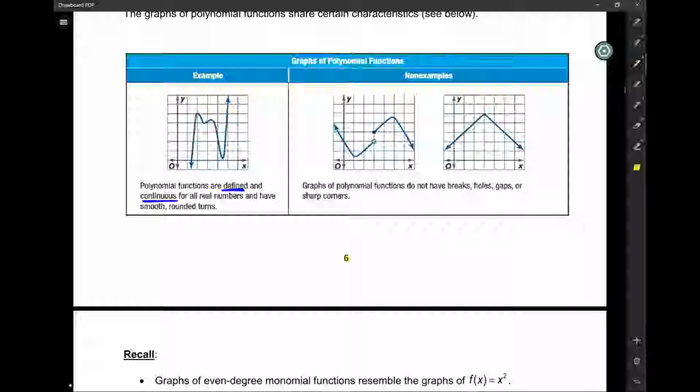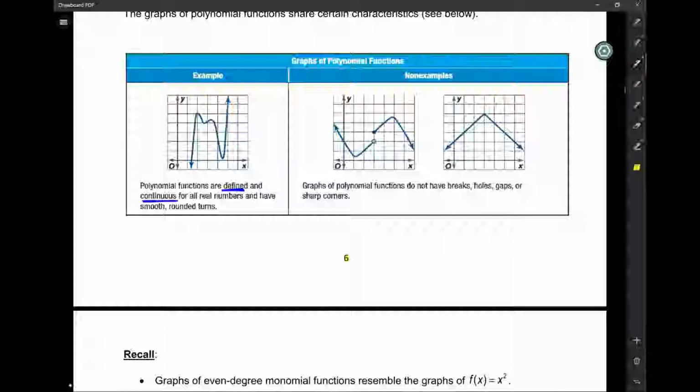That means there are no values of x which you cannot plug into the equation, right? So it's defined. The domain is negative to positive infinity. There are no values of x which would make f of x undefined. And it's also continuous. Continuous means you can draw a polynomial function from beginning to end without removing your pencil from the page. All right?